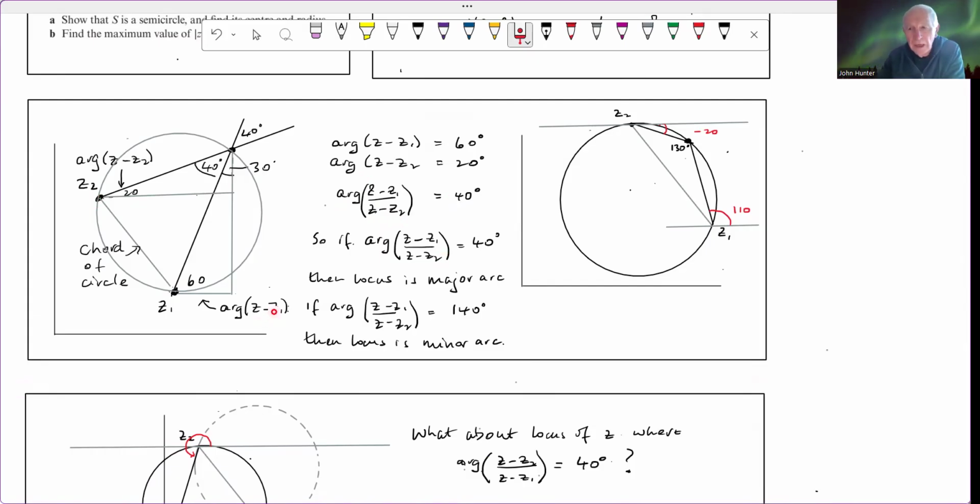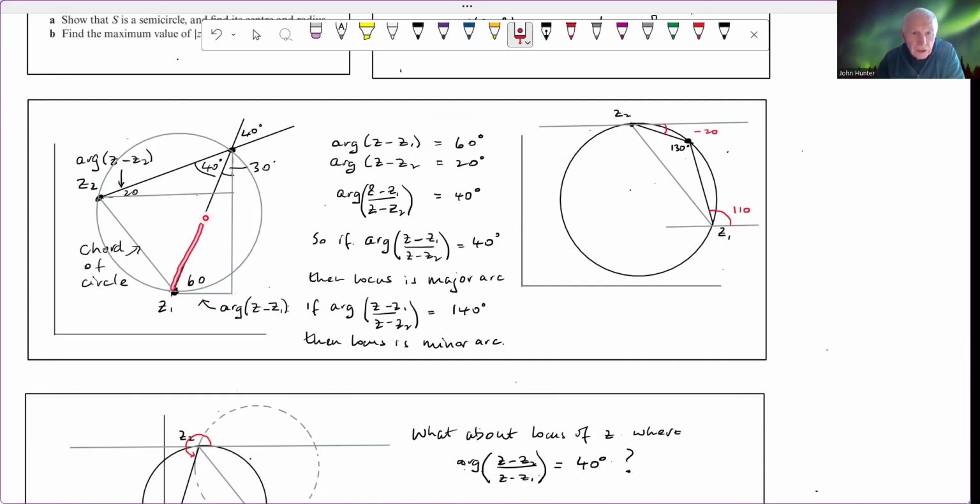All right, it's a bit easier to look initially at some specific numbers. So imagine, for instance, we're making this 40 up from 60 and 20. So what we're saying is that the argument of Z minus Z1 is going to be 60 degrees.